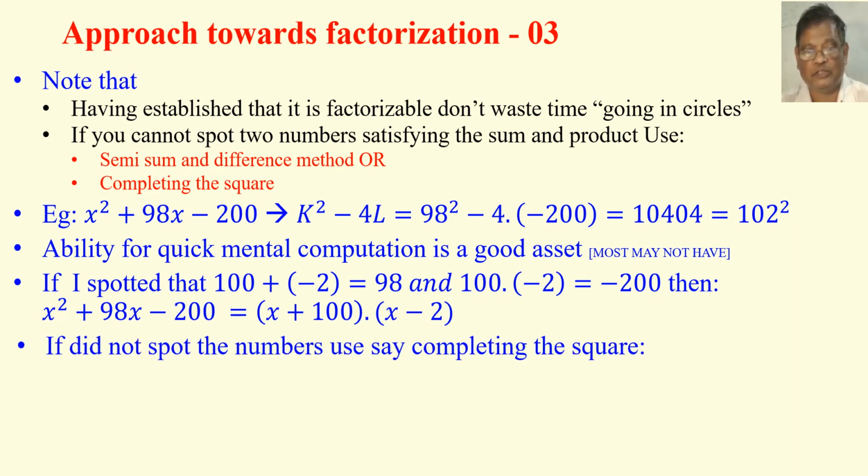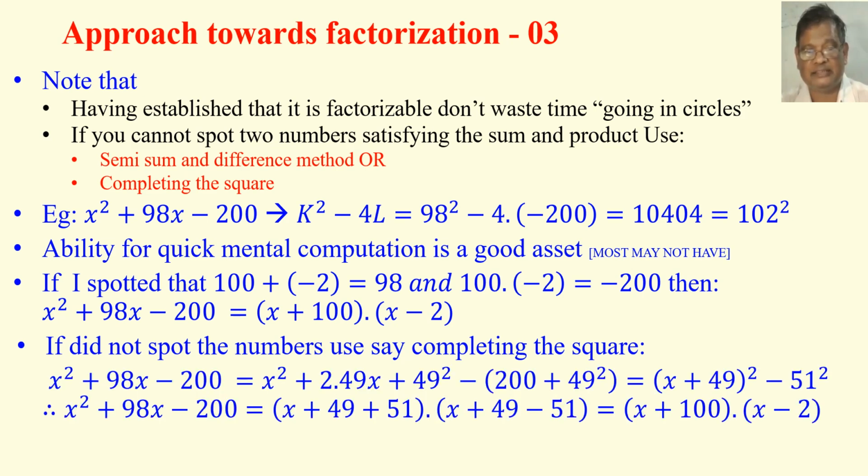If I did not spot the numbers, use, say, completing the square, in which case x squared plus 98x minus 200 is equal to x plus 49 plus 51 into x plus 49 minus 51, which is equal to x plus 100 into x minus 2.